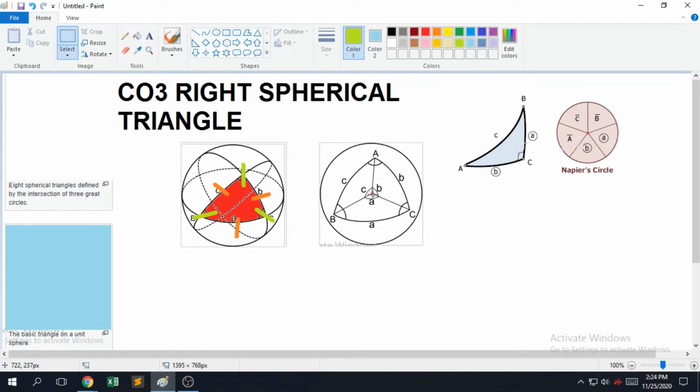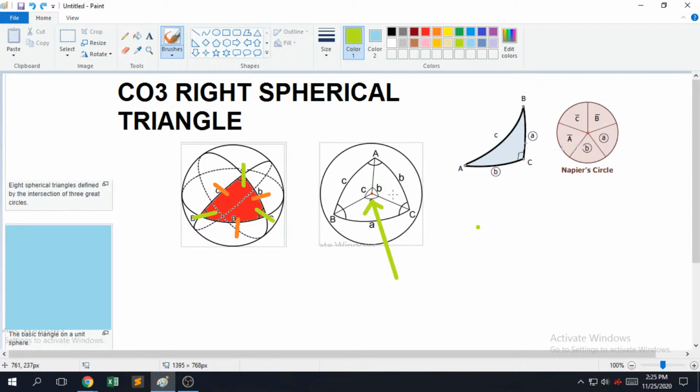Because if you are at the center of the sphere, for example, we have side B, we can see that the length of side B corresponds to the angle of B at the center point.